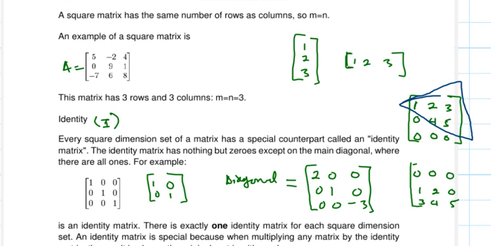In the same way, you could also see a triangle forming here. So this is the lower triangular matrix, and the other is the upper triangular matrix. So this is about the special matrices that we have.